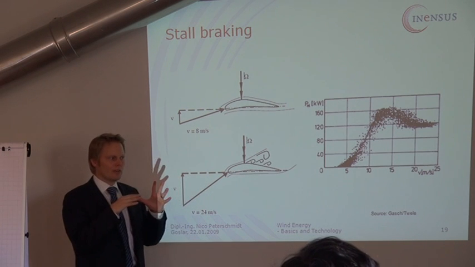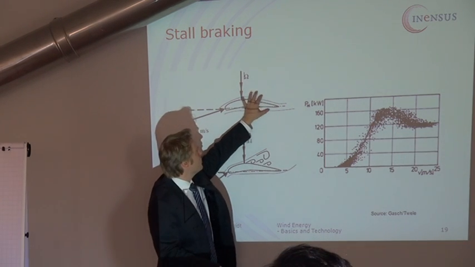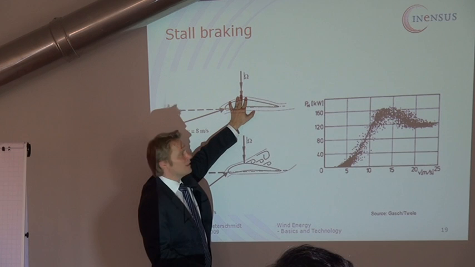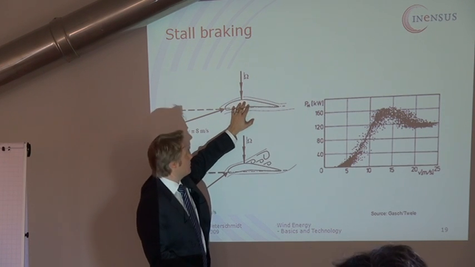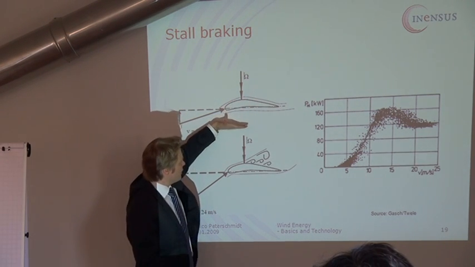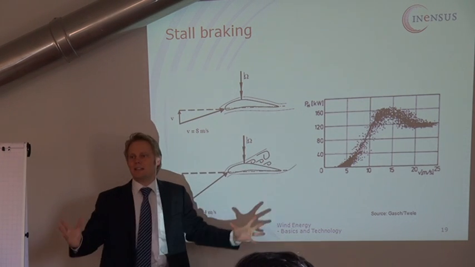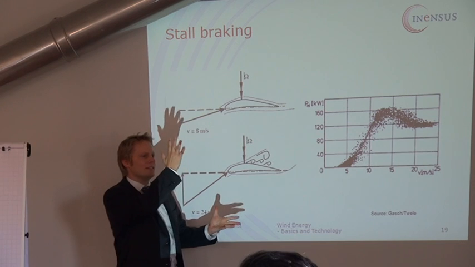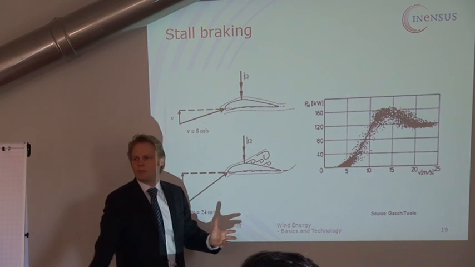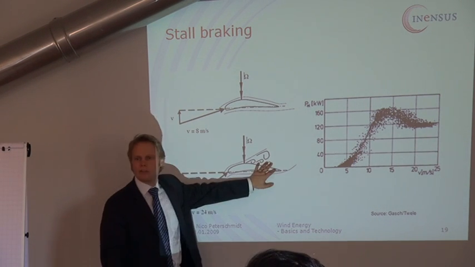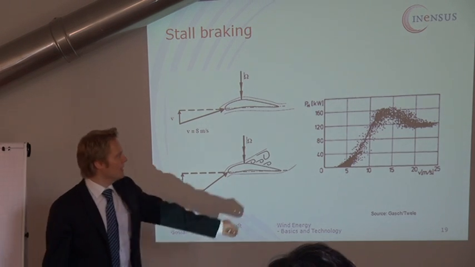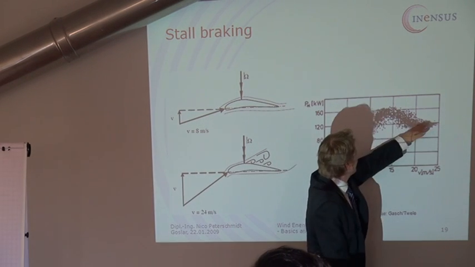Either you have no stall effect, like here, where you use the complete lifting power of your blade with the optimum angle, or you turn in the direction of the stall effect, and then the stall effect comes immediately. And then it decreases the power immediately by 30 to 50%, as soon as the stall effect occurs. Therefore you cannot control it that nicely here.